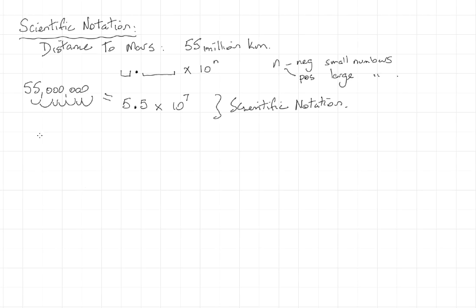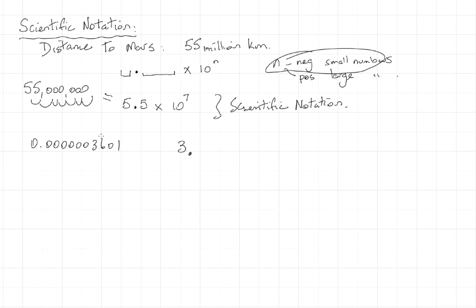So for very small numbers, if you had a number like 0.000003601 and you were asked to write that in scientific notation, we know, because it is a small number, that n is going to be negative. So we scan through until we get to the first digit, and it's a 3. There's only ever one digit on the left-hand side of the decimal in scientific notation.